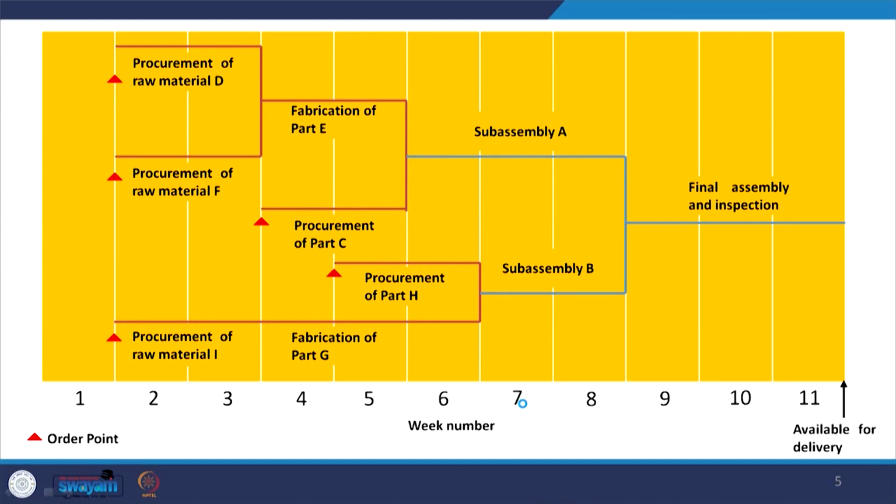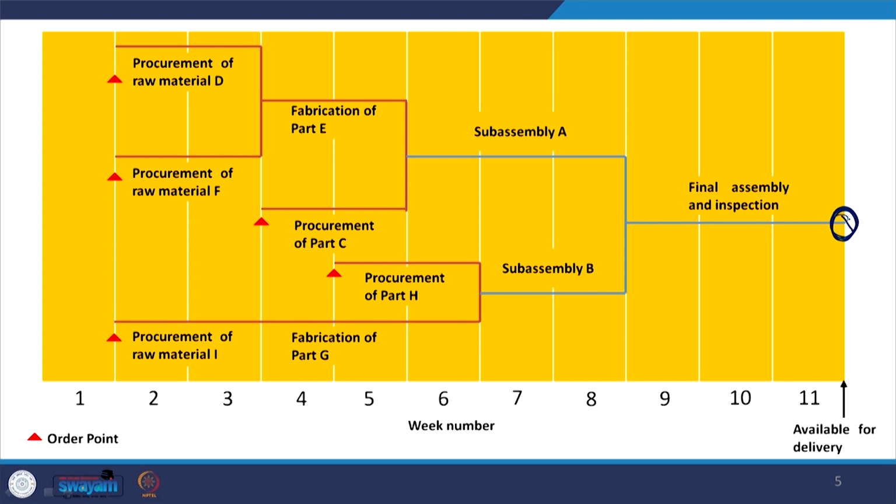So, here you see how things are happening in the form of a diagram, whatever I just explained to you. There is a particular component and this is the final assembly and inspection, and here at the end of the 11th week, this is available for dispatch.